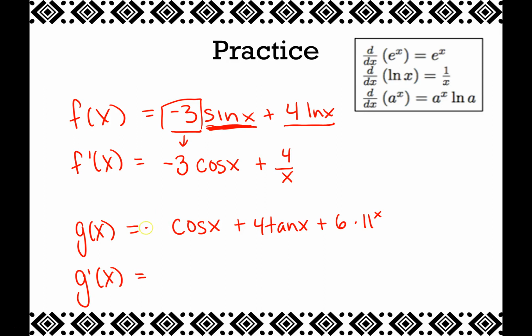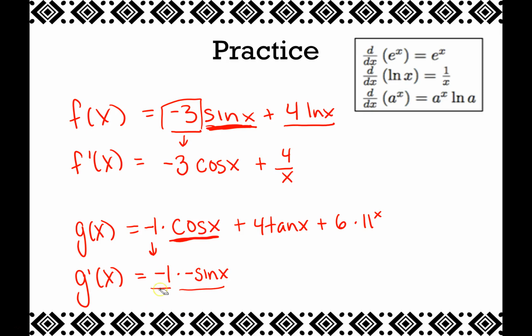So I'm just going to drop down the negative 1. And then what's the derivative of cosine? Well, computer science is bad, so that's going to give me a negative sine x. Well, what's a negative 1 times a negative sine x? Well, that's going to give us a positive sine x.